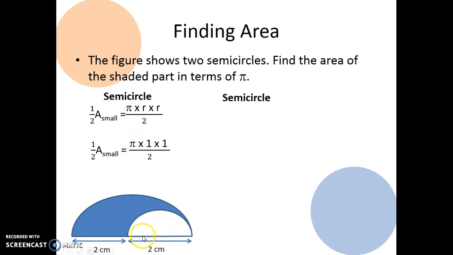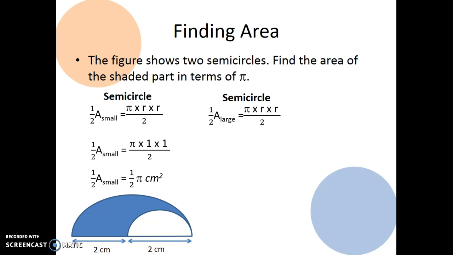Now my radius is 1. These arrows show that the diameter of the small circle is 2, so I want to cut that in half and write 1 for my radius. Multiply that by pi and divide by 2. So my area of the small semicircle is going to equal 1/2 pi centimeters squared. Remember, I'm keeping it in terms of pi here, so I'm not worried about actually multiplying pi times 1/2.